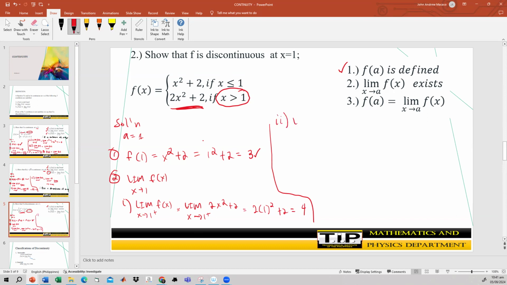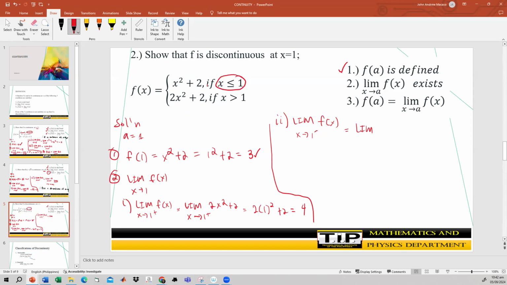How about now the left side limit? The limit of the function as x approaches 1 from the left. We'll choose a function between the piecewise functions that we have. Which function will 1 from the left fall on?